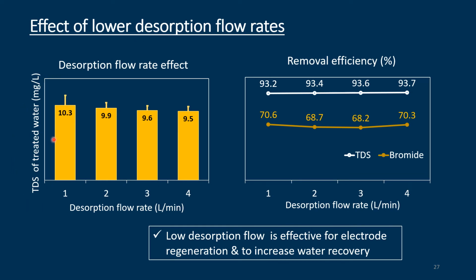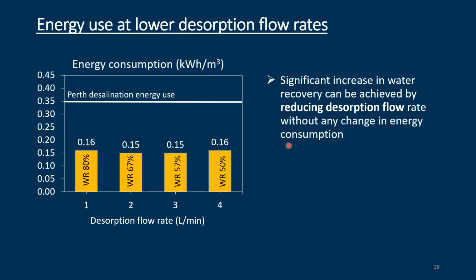The desorption flow rate doesn't make a very big impact on the TDS of the treated water, and removal is also very consistent, 70% of bromide and almost 96% of TDS. We also looked at energy use at the lower desorption rate, which is very similar, 0.15 to 1.6 kilowatt hour per cubic meter.